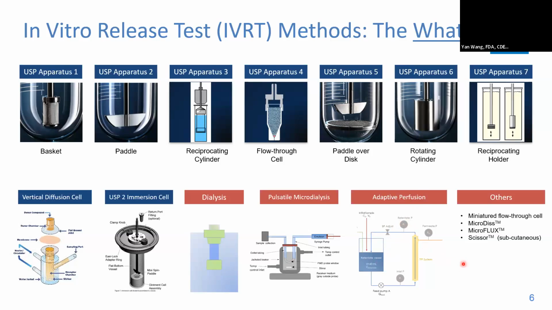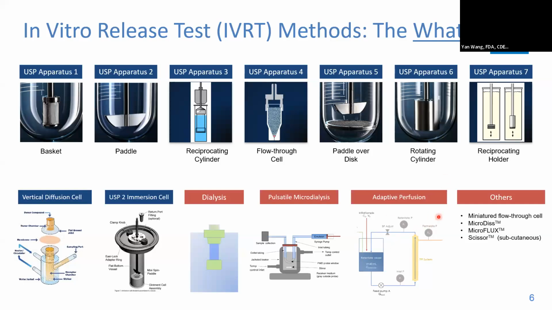The column used here, the TFF system, is conventionally used for peptide protein purification. But this system was developed a few years ago to conduct dissolution for an emulsion system, which is very useful to give enough driving force to drive the drug release from the oil droplets.